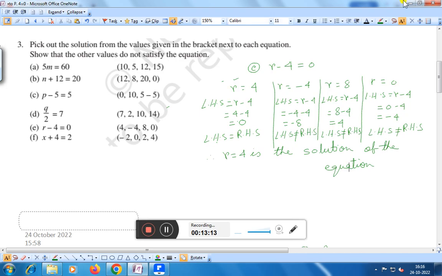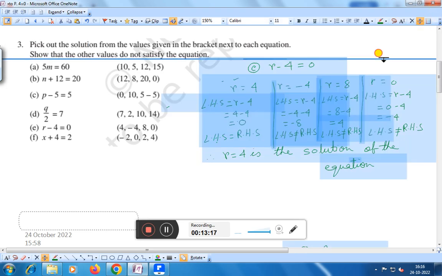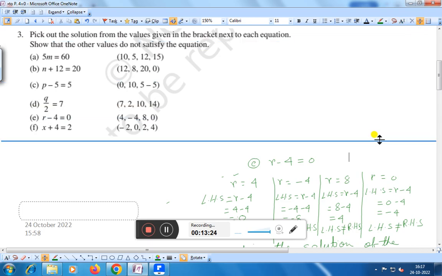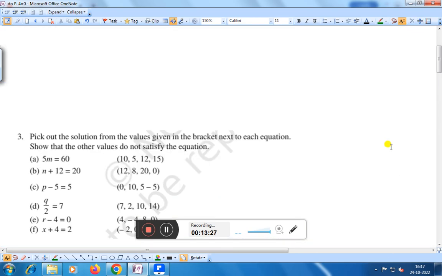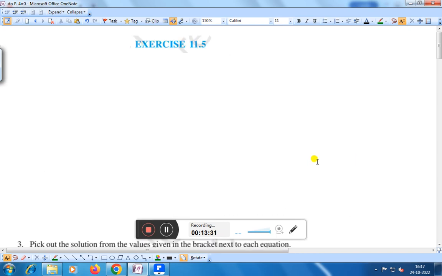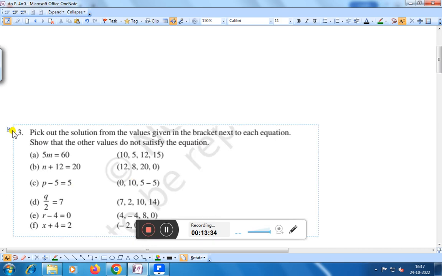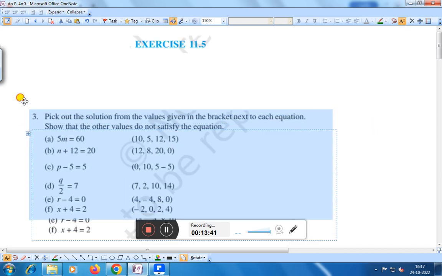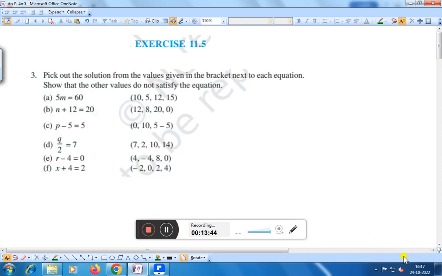Right? Now question number F. Question number F is x plus 4 is equal to 2.